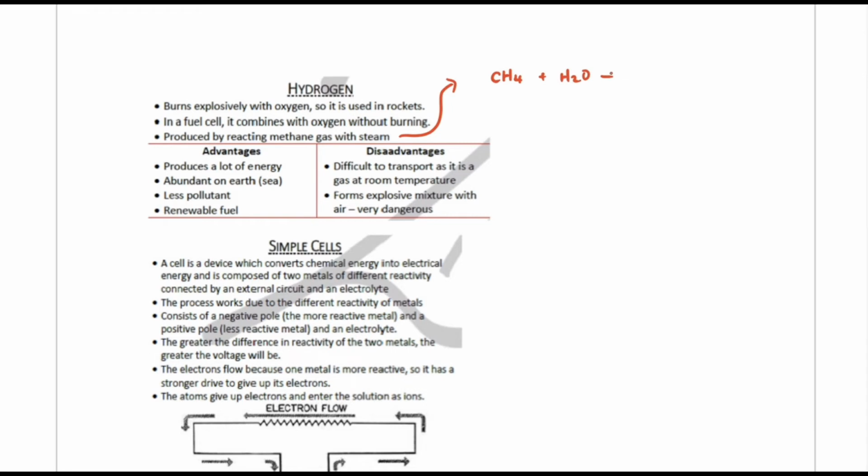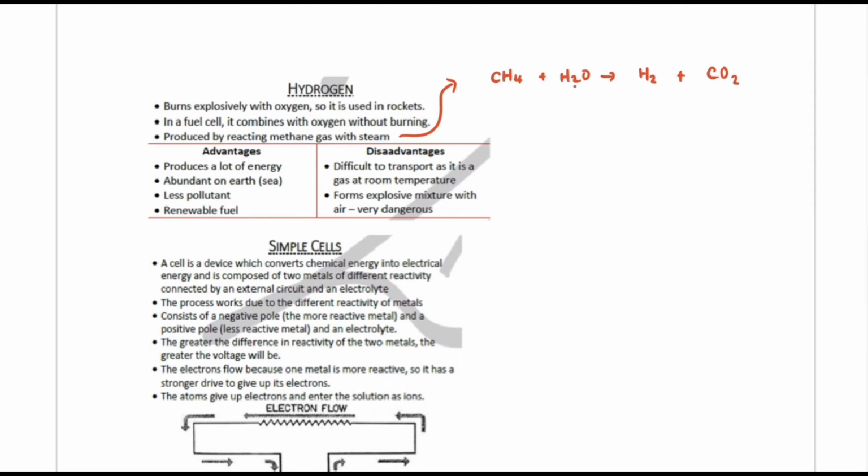So it produces hydrogen gas, which we use as fuel. What else? H2 has been used, so we should expect CO2 to form. CO2, so H2, okay, let's balance the hydrogen.